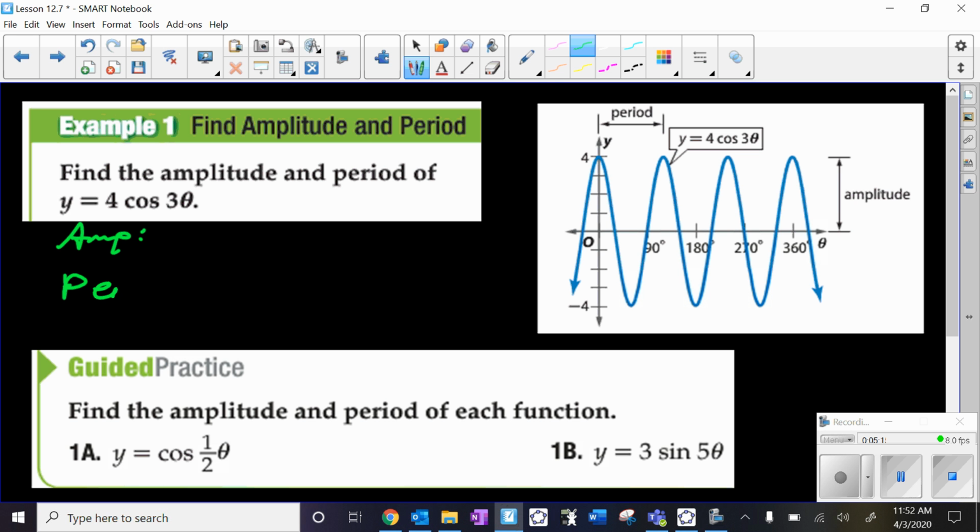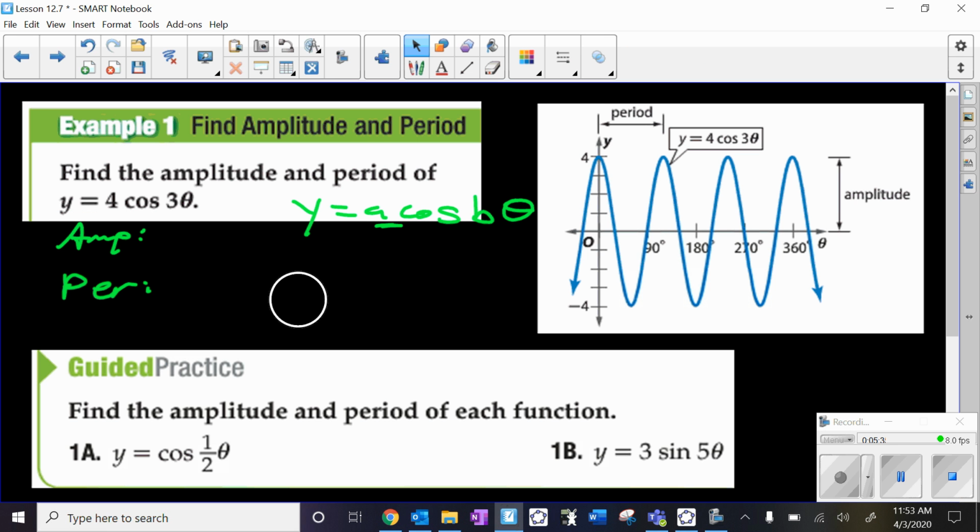Remember, when looking at a function, a cosine of b theta, a represented your amplitude. So in this case, since I have y equals 4 cosine of 3 theta, 4 is going to represent your amplitude.